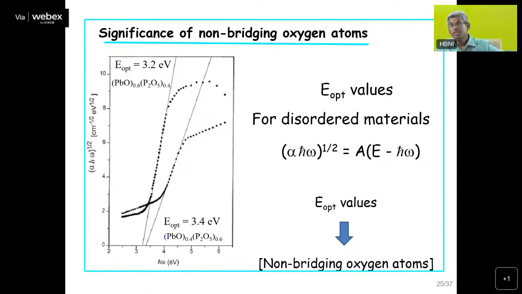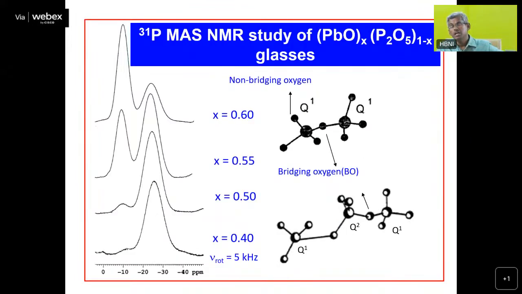This way, one can predict the different types of phosphorus structural units, whether it's Q2, Q1, etc. What is the use of this? People will ask, why do you want to know all these things? Because an important aspect of glass is the optical gap.